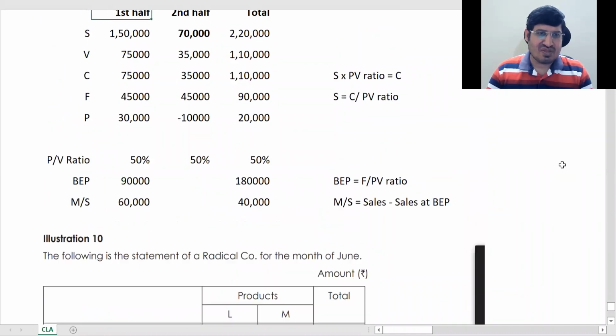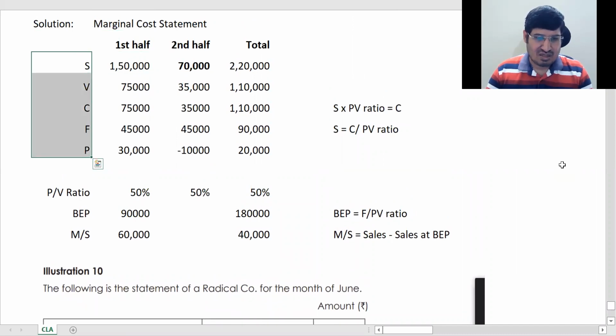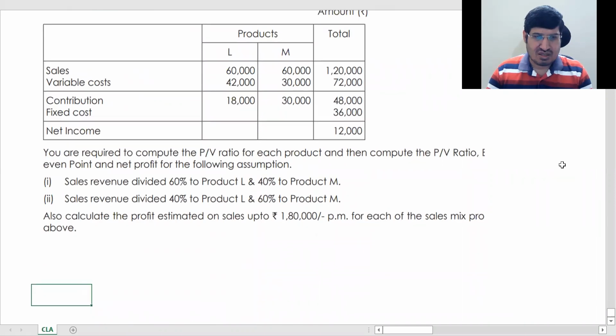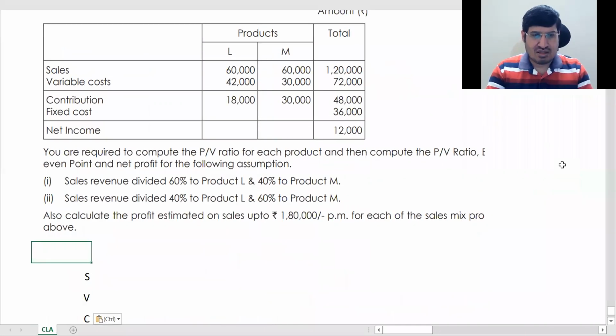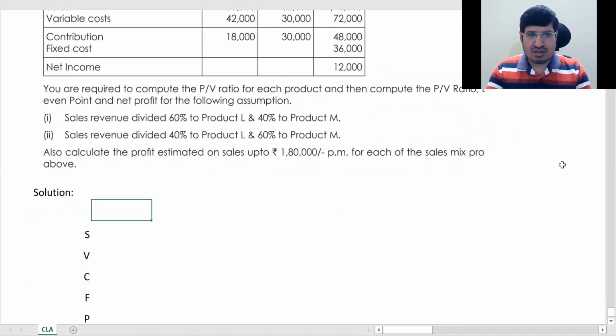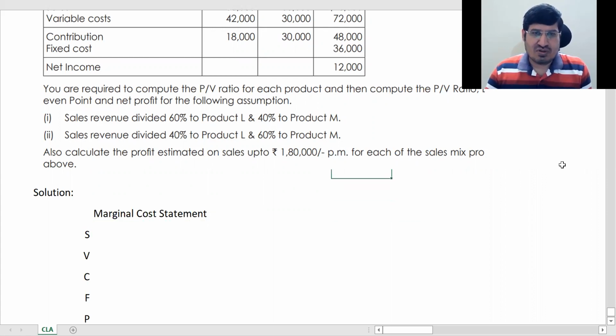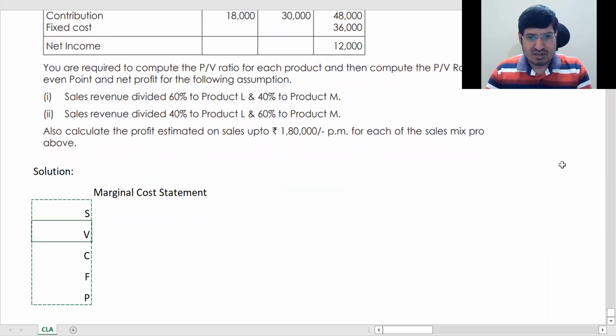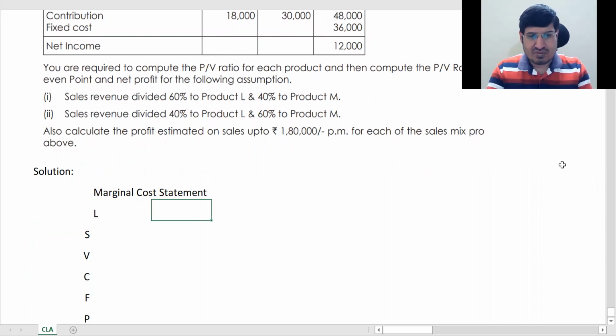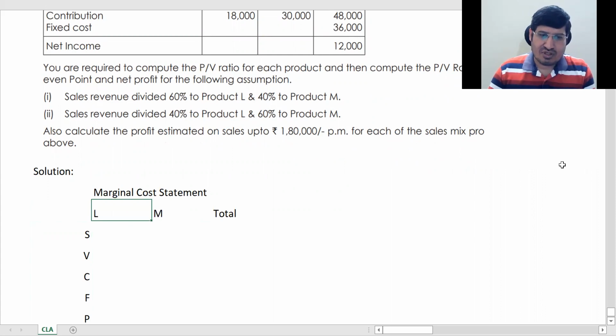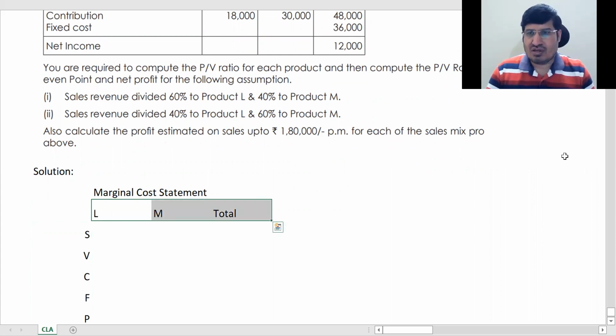Then L, M, and total, right? Okay, L, M, and total.